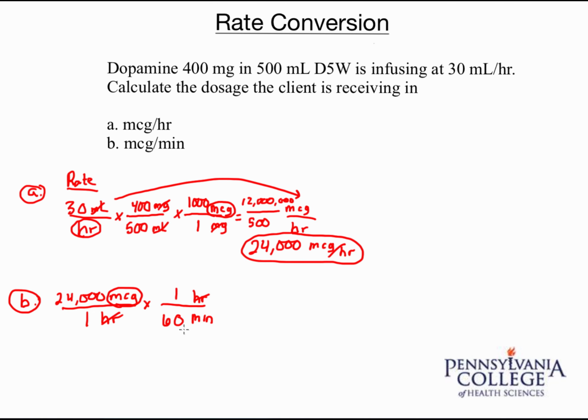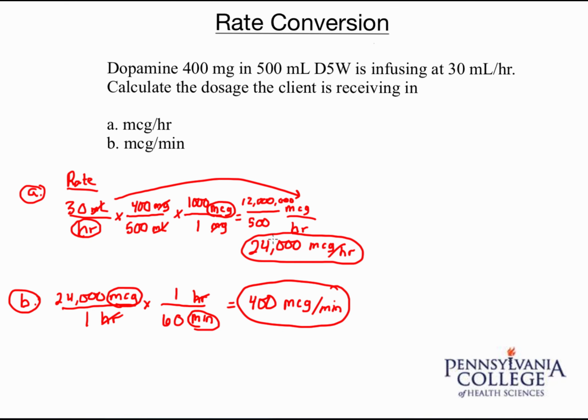And knowing that means I can write that as a conversion factor, and that's it. If I were to stop right now, I would know the total number of micrograms per minute, which is what I'm looking for. So doing that division, you get 400. And the unit is micrograms per minute.